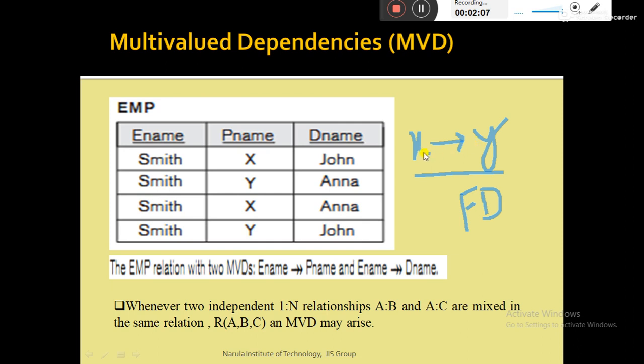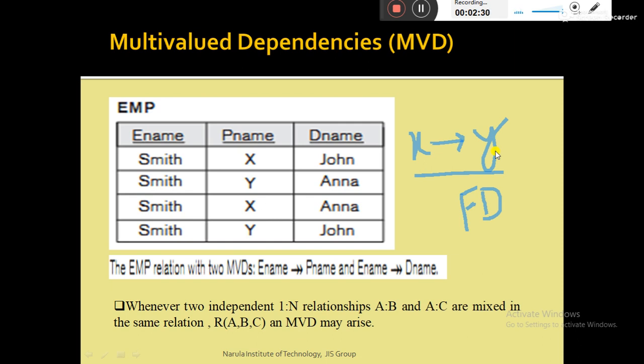We can say that X arrow Y when, for a particular value of X, there is a unique value of Y. For a particular value of X, if there is a unique value of Y present in a relation R, then we can say that the X arrow Y functional dependency exists in that relation.